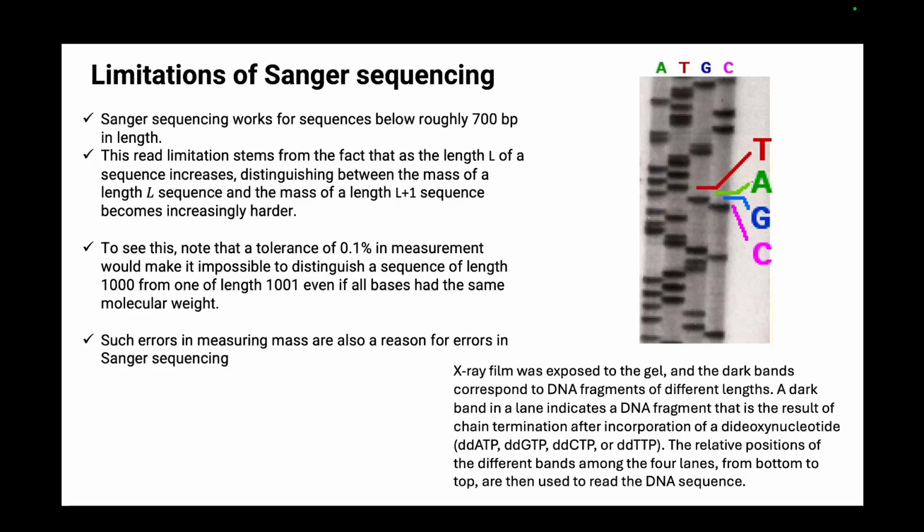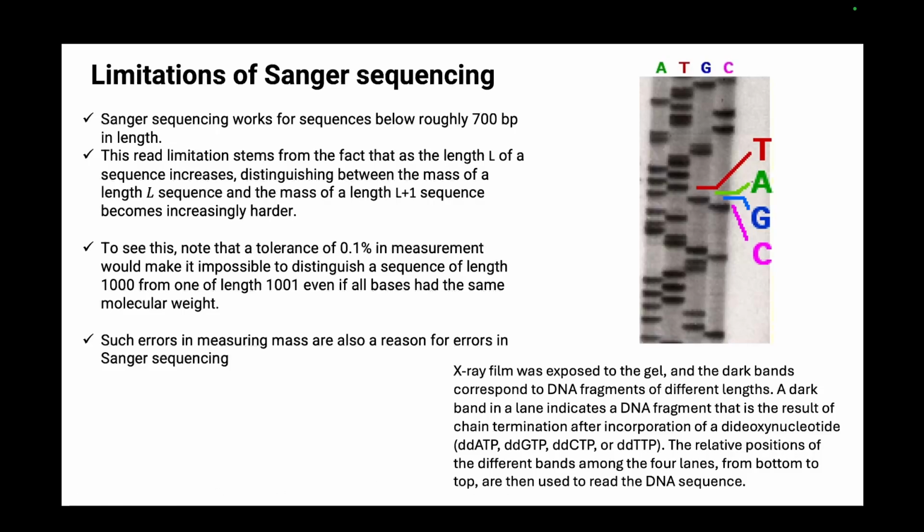For example, if L is very large, it is very hard to distinguish a DNA of length L with a mass M from a DNA of length L plus 1 with a mass say M star, because M and M star will be very similar. So the larger your DNA fragment is, the harder it is to resolve them according to mass.